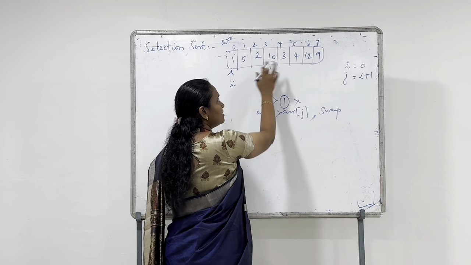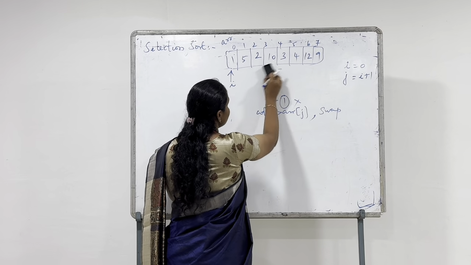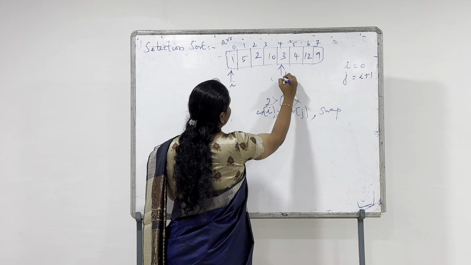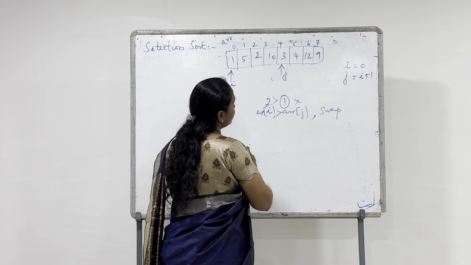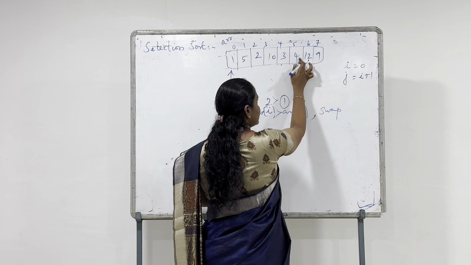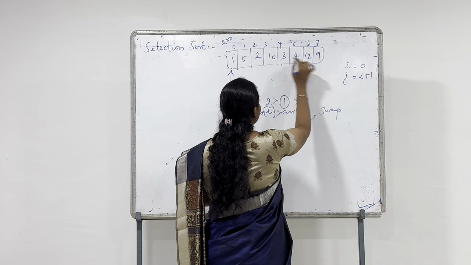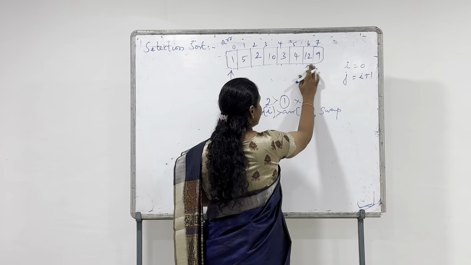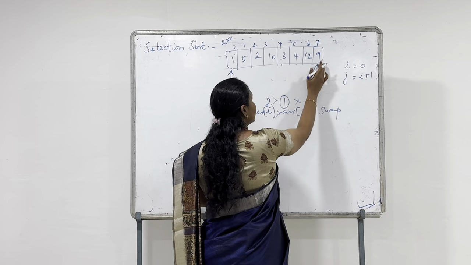Now 1 is less than 3, no change. Then increment j, 1 is less than 4, no change. 1 is less than 12, no change. 1 is less than 9, no change.